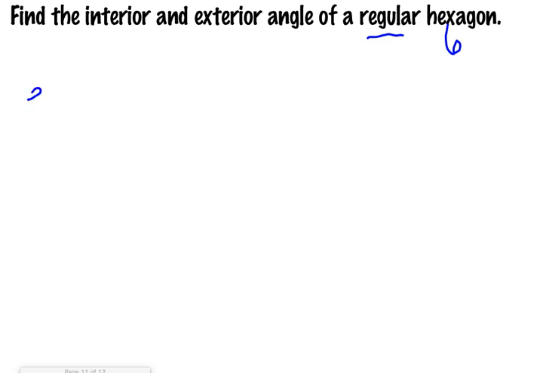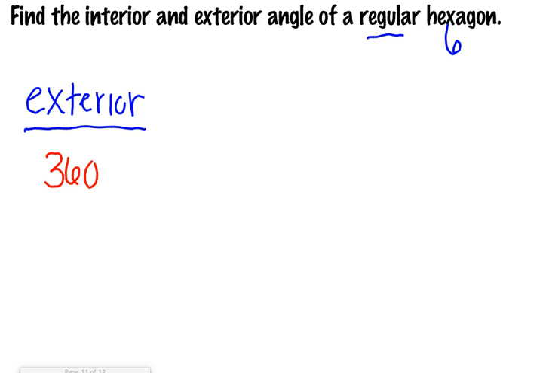How can I find my exterior angle? 360 divided by how many sides there are? 6. And that will give me my exterior angle. The total sum divided by the number of sides gives me 60.